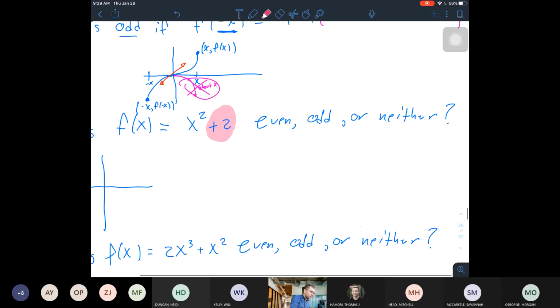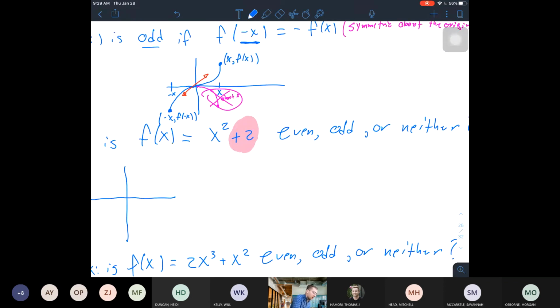Remember, and we'll talk about this next time, if we had x plus 2 on the inside here, then this plus 2 would give us actually a shift to the left. x minus 2 squared, that would give us a shift to the right, 2 units. But when we have it outside, like we have it here, it's actually going to shift us up and down.